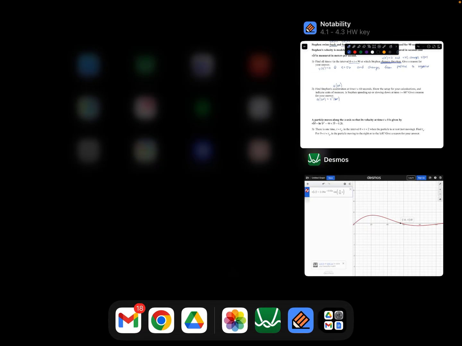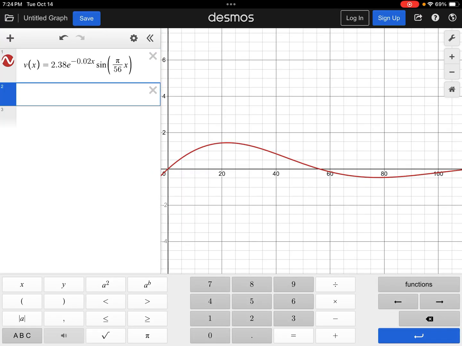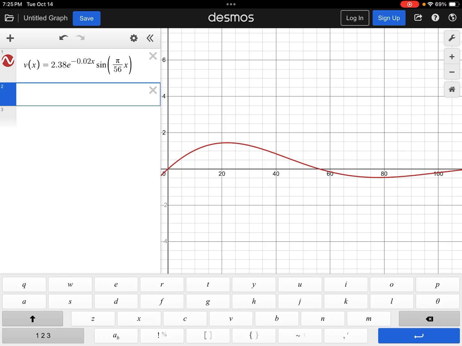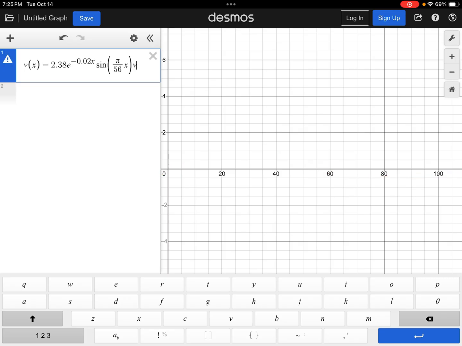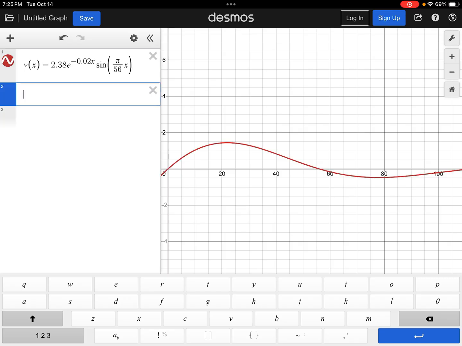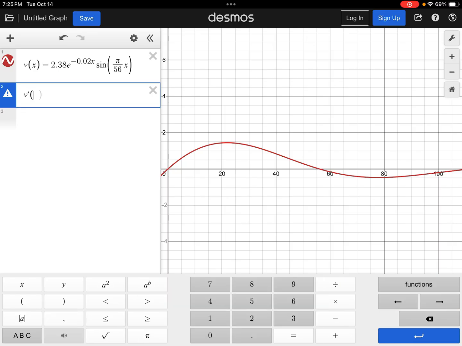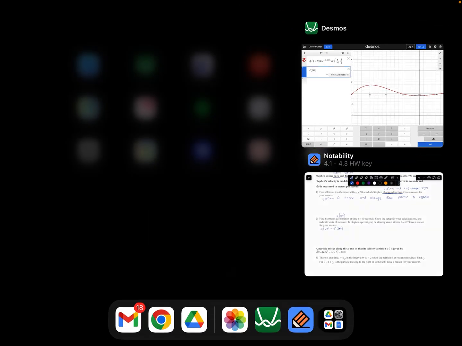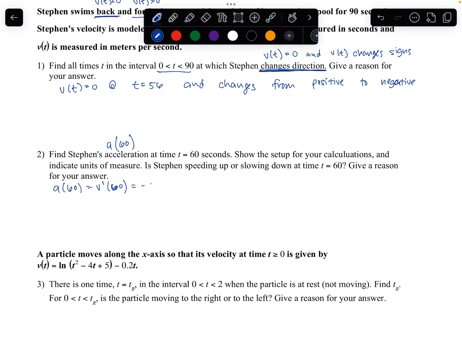So I can easily get that here by doing v prime of 60, and we get negative 0.036.